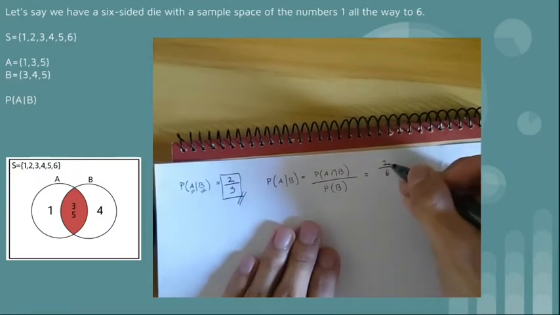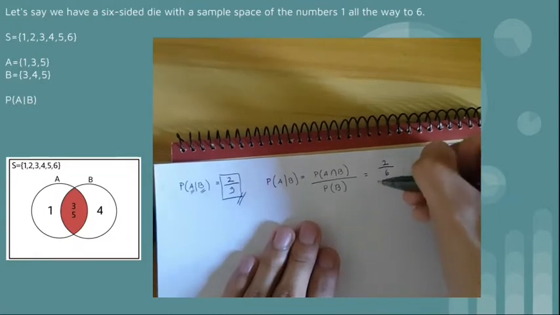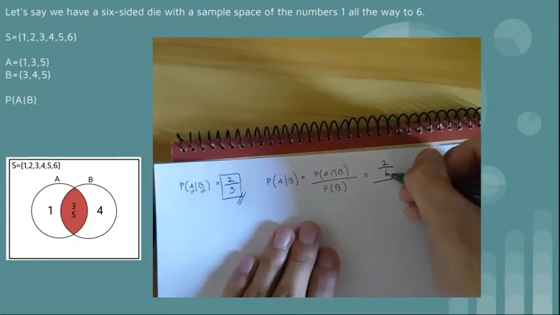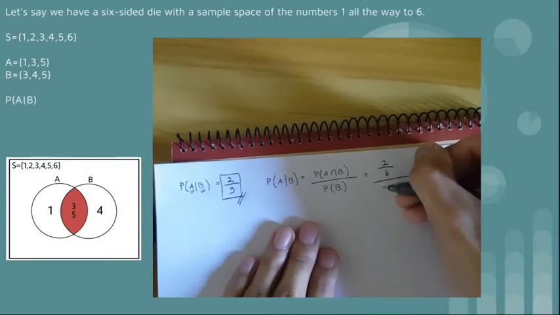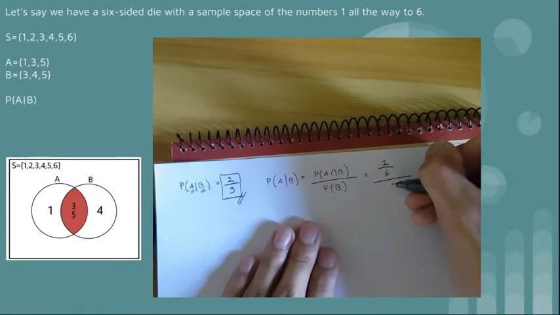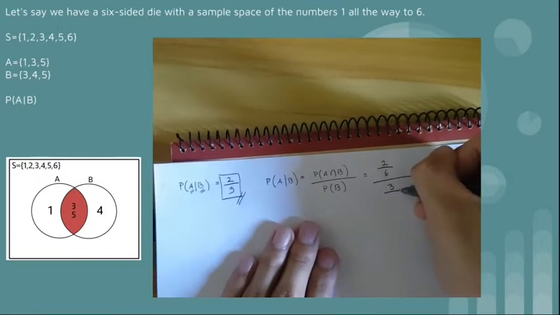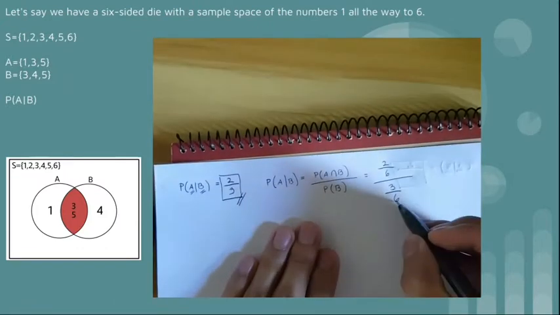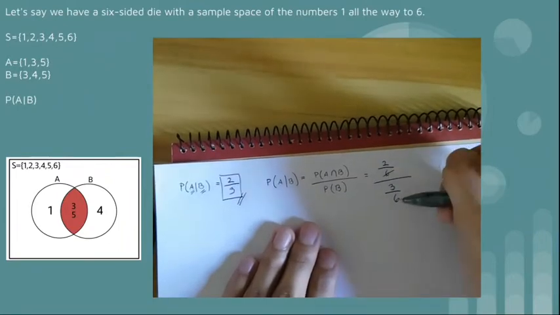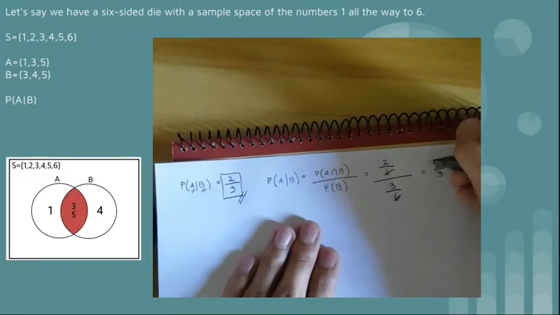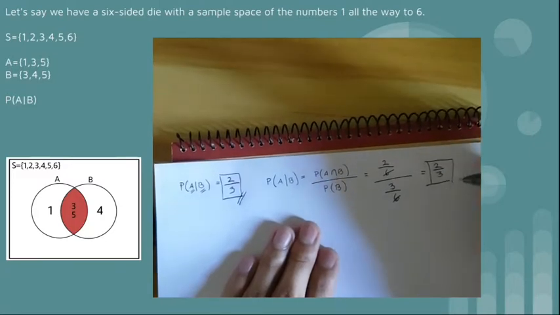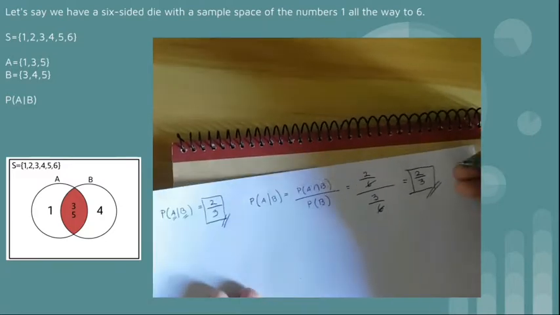Yun yung 2, yun yung intersection ng A and B. Then yung 6, yung total number of possible outcomes. Then sa probability of B, ilan yung outcome sa B? Total outcomes ng B is 3, so 3 over 6 yung sample space natin. So, cancel ito. Magiging 2 over 3. So, same answer lang.